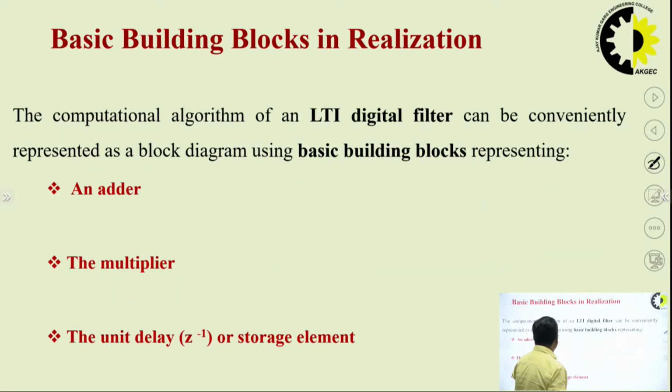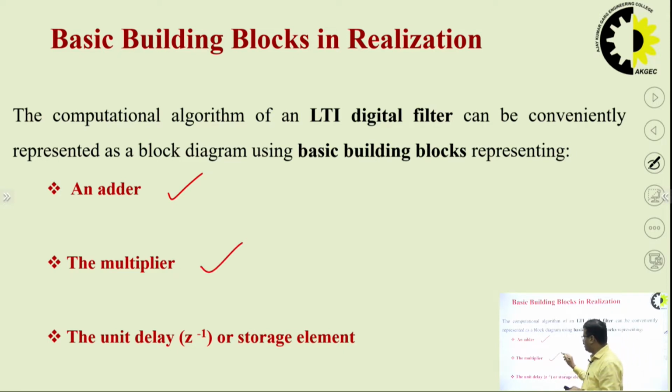Okay. Next. There are some basic building blocks in realization that you need whenever you want to realize your IIR digital filter, some components that you need. Like an adder. Adder means which adds the signals.